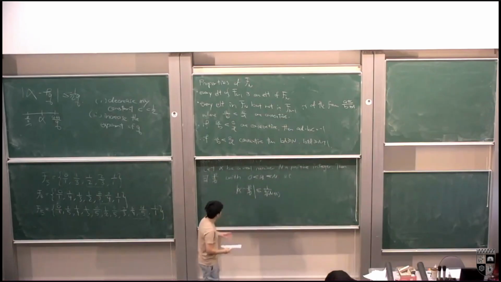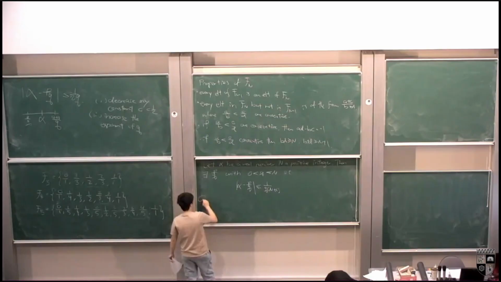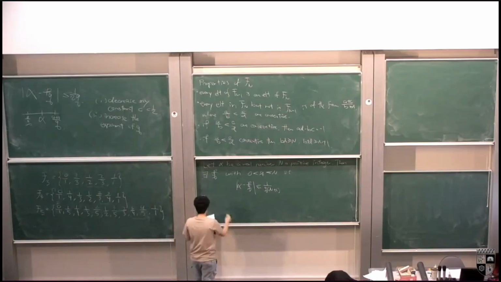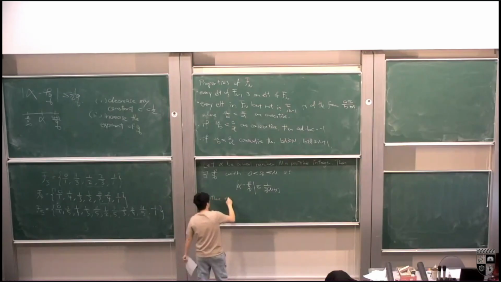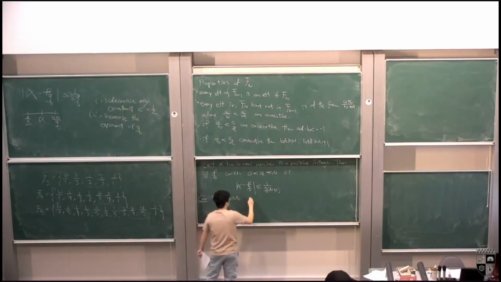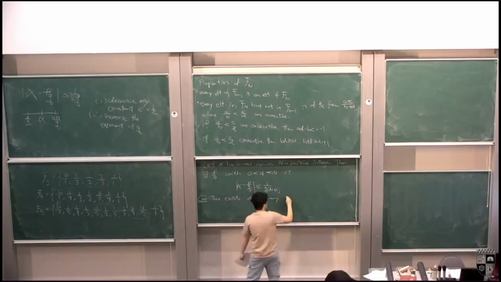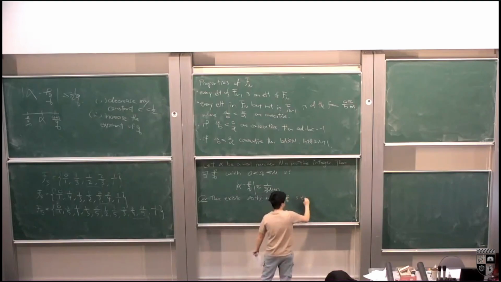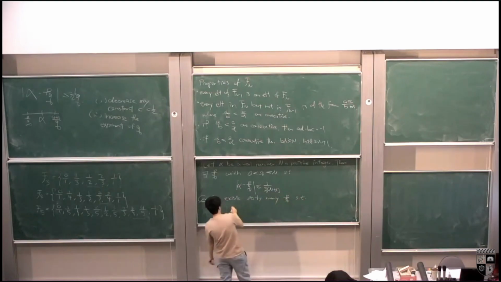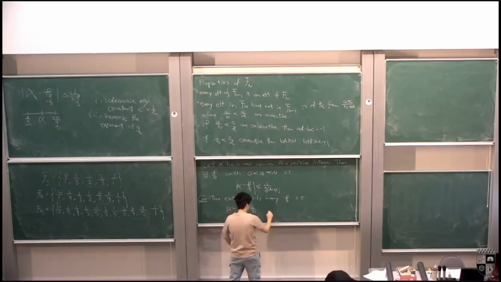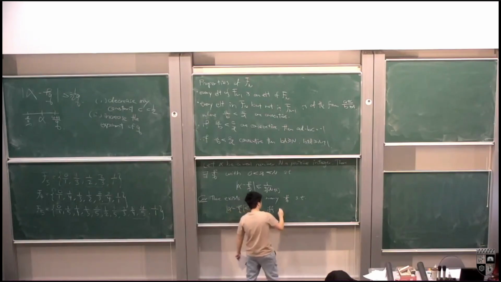And an immediate corollary is: there exist infinitely many rationals P over Q such that |alpha minus P over Q| is bounded above by 1 over Q squared if and only if alpha is irrational.